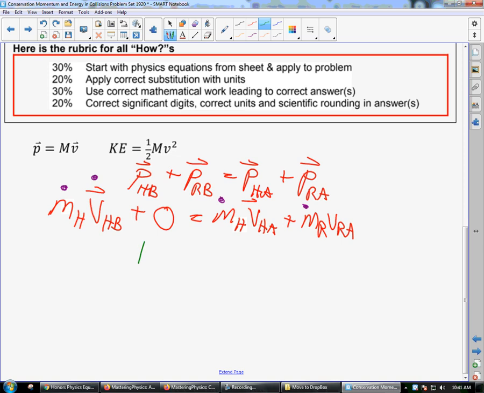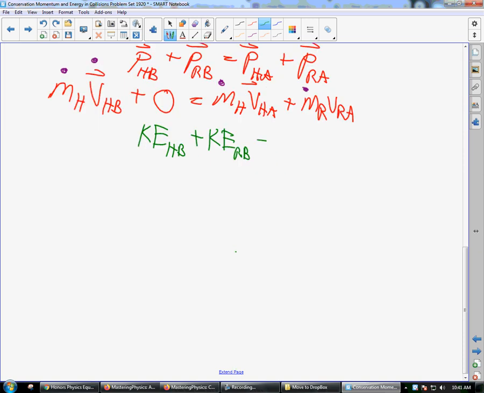So the kinetic energy is also conserved. So the kinetic energy of the hammer before plus the rock before equals the hammer after plus the rock after. Remember, kinetic energy is not a vector, so no vector symbols here.